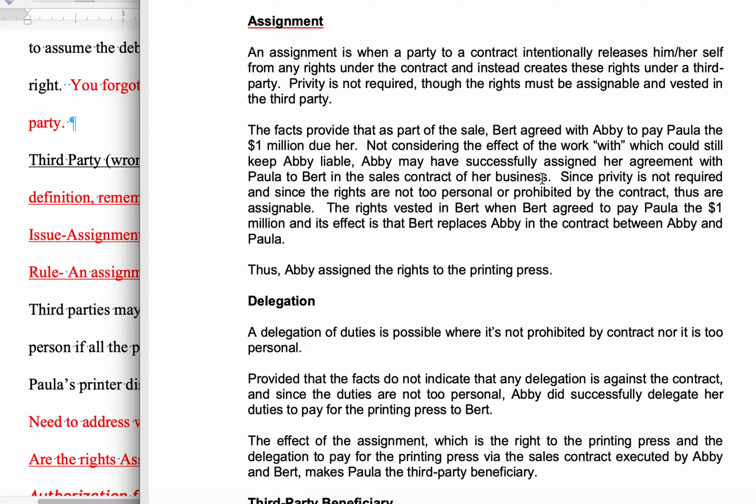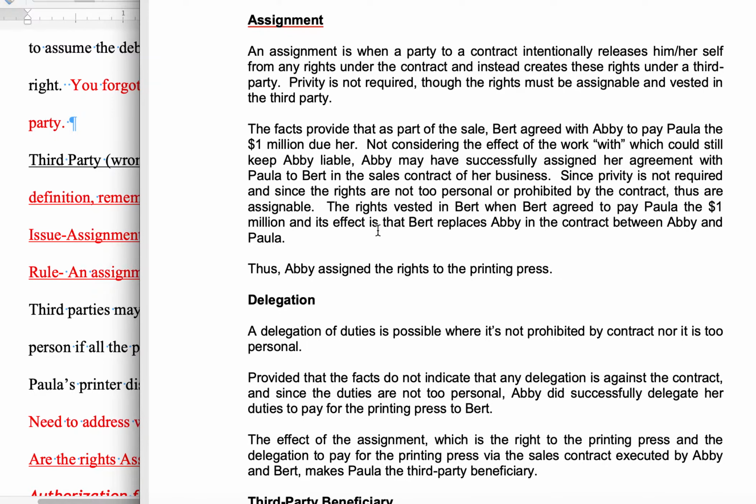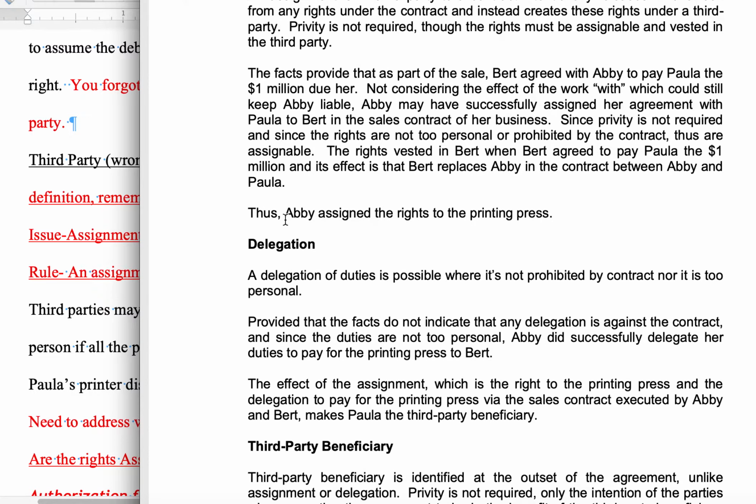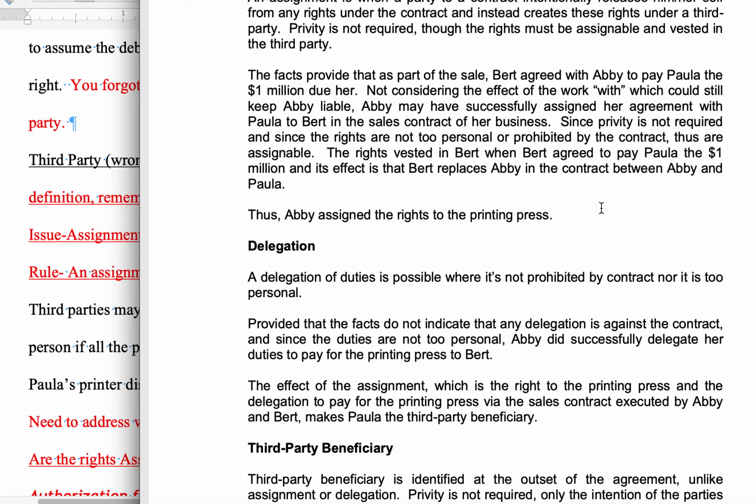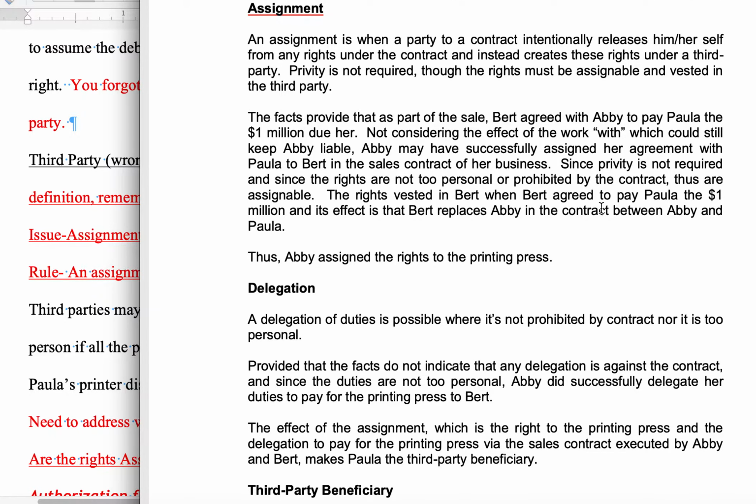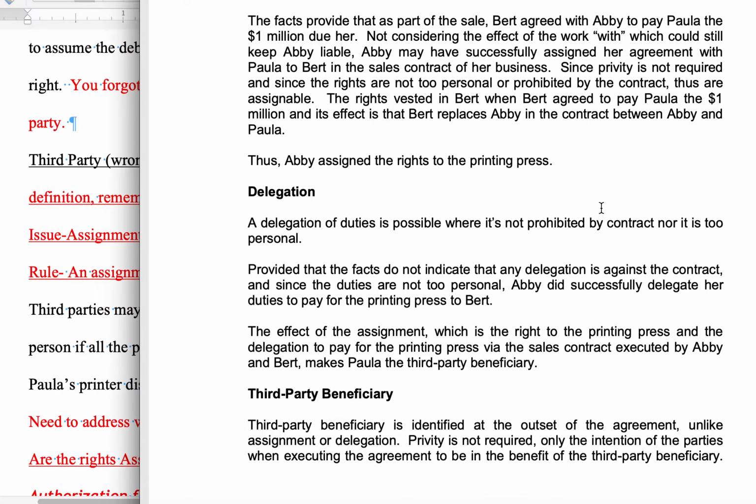Abby may have successfully assigned her agreement with Paula to Bert, since privity is not required, and since rights are not too personal or prohibited by the contract, thus it's assignable. So you kind of go over that. You spell it out. Thus, Abby assigned the rights. I'll say the sentences don't flow that great. The style's okay. This is a passing one.